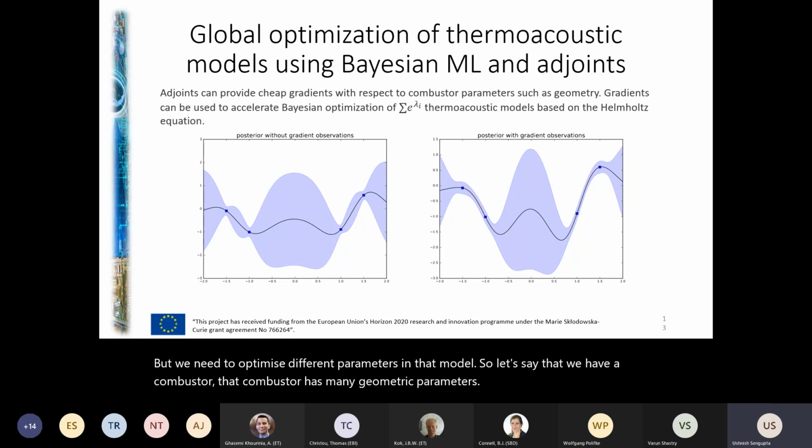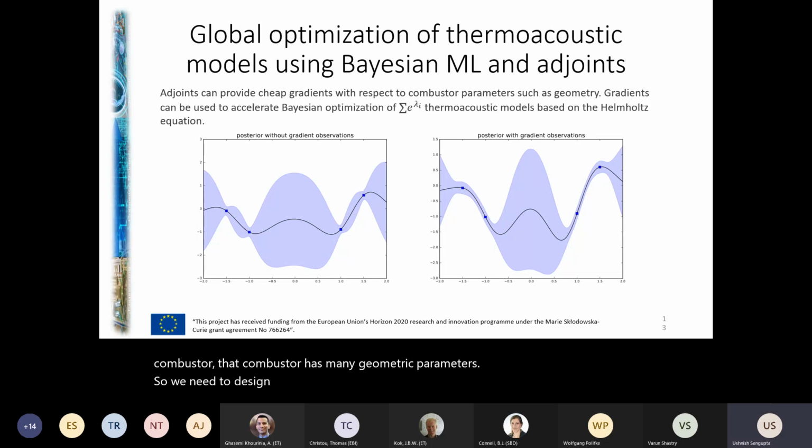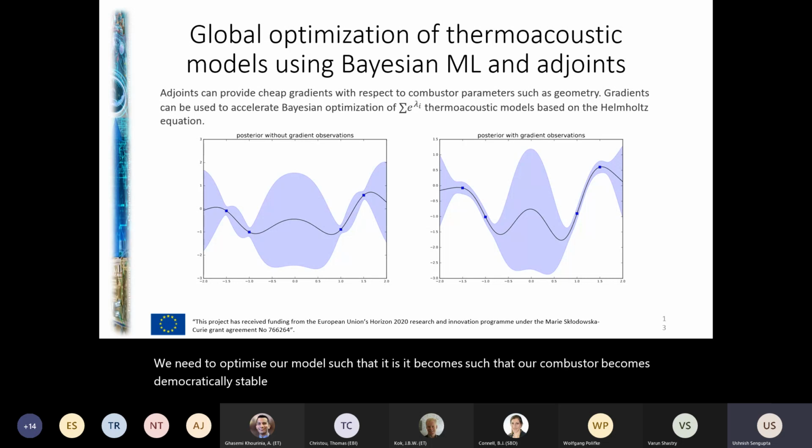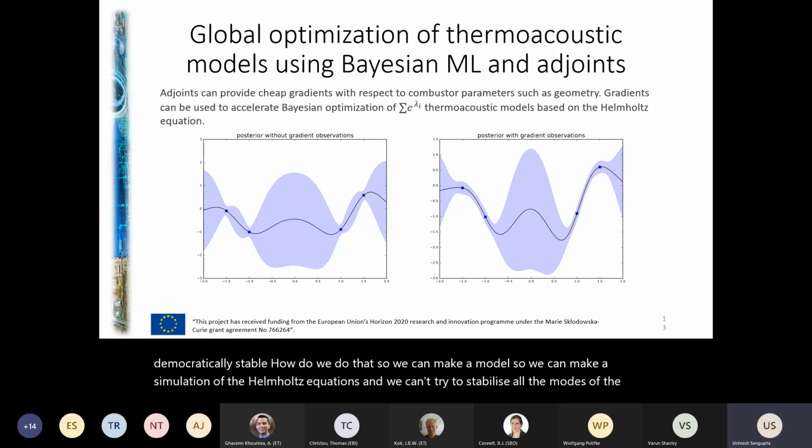So we need to design the combustor so that it is thermoacoustically stable, right? So we need to optimize our model such that our combustor becomes thermoacoustically stable. How do we do that? So we can make a simulation of the Helmholtz equations, and we can try to stabilize all the modes of the Helmholtz equation, right?